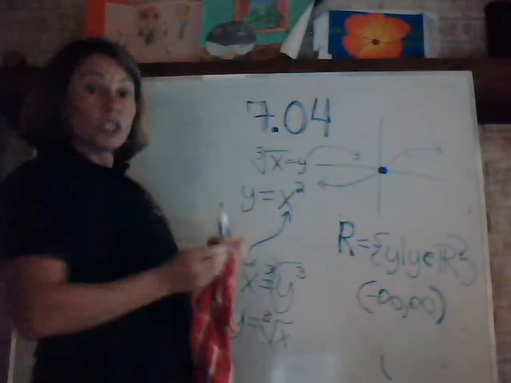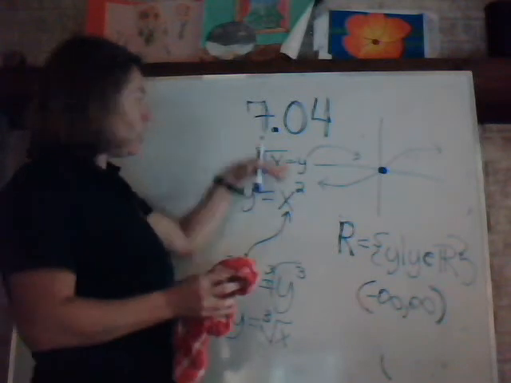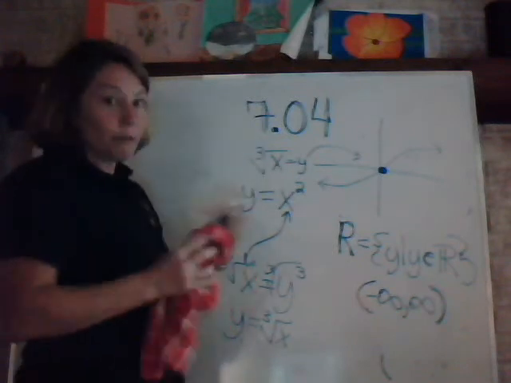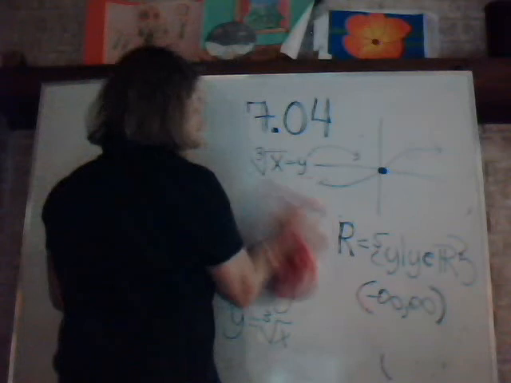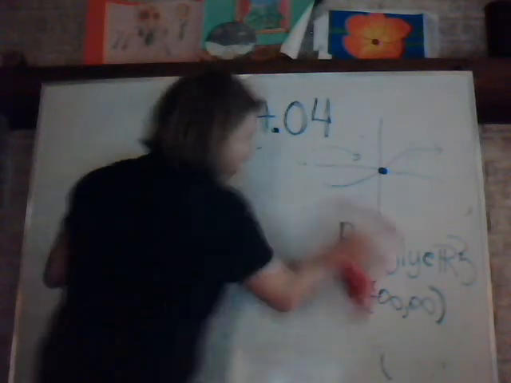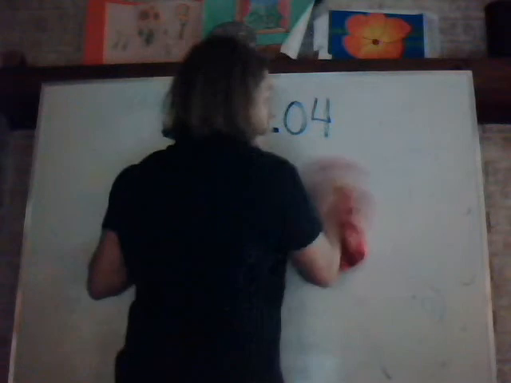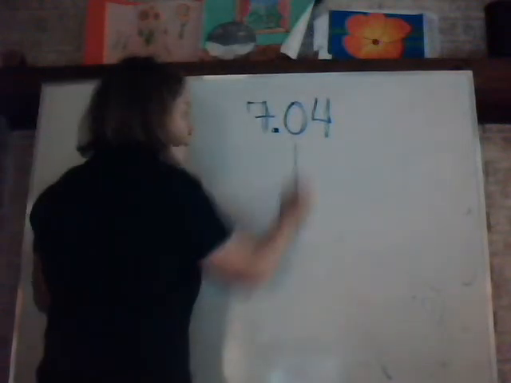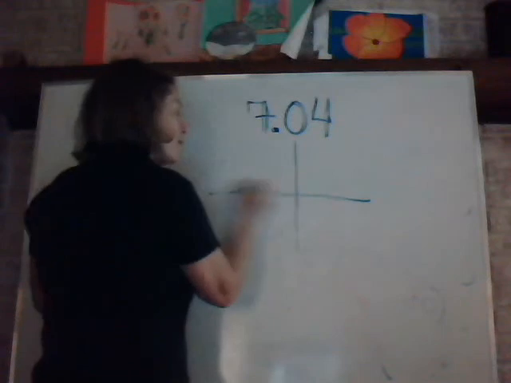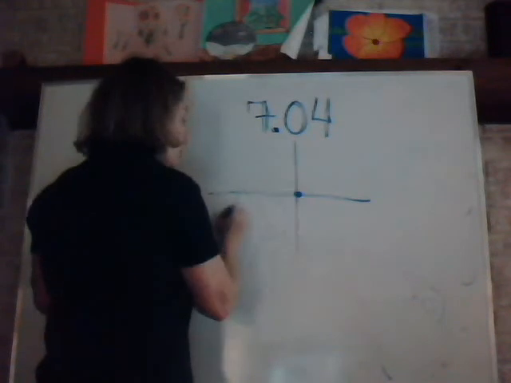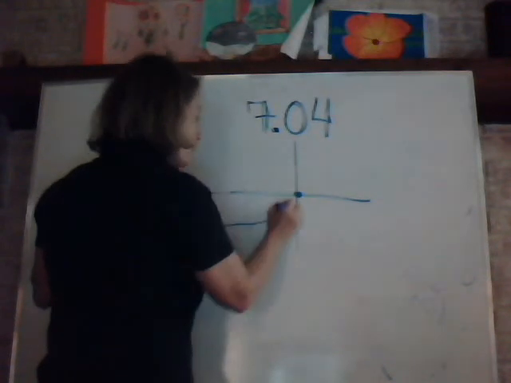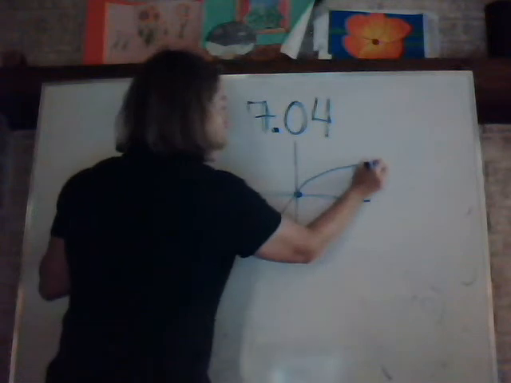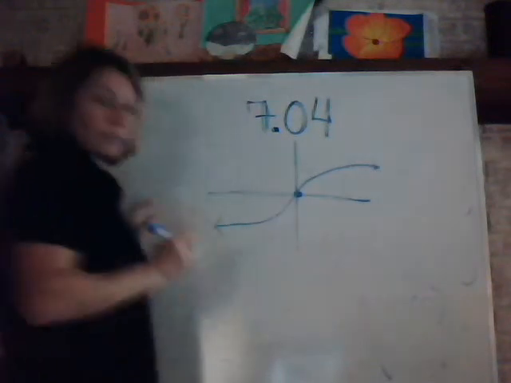Okay, now let's look at the shifting. The a, h, and k with the cubic function is very much like the square root function. We're just going to do the a, h, and k with the snake graph. Okay, so here is our parent graph of the cube root function. It's coming up, it's sliding through the origin, and it continues to rise.